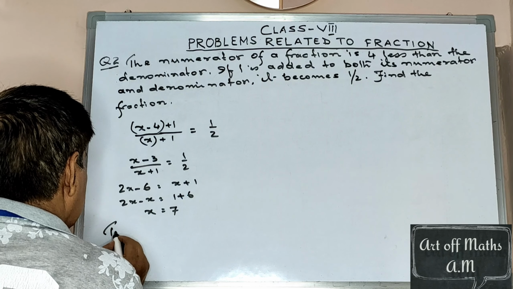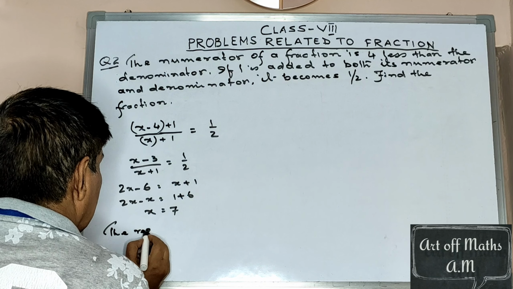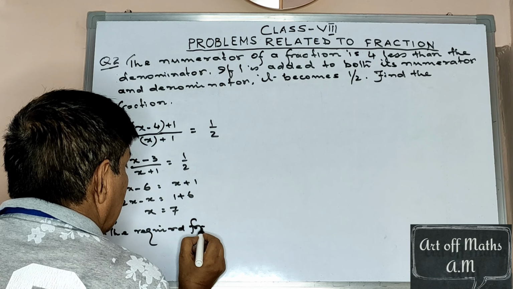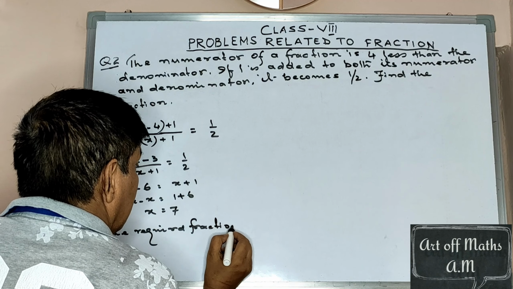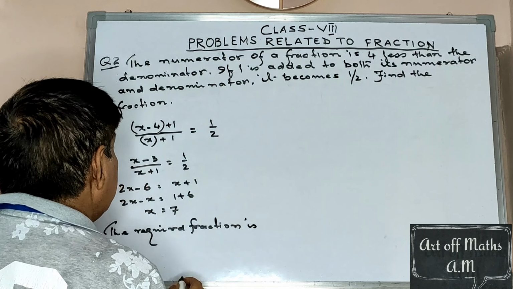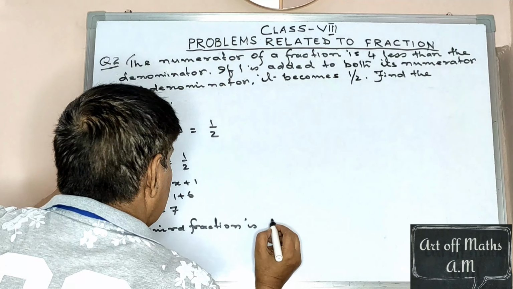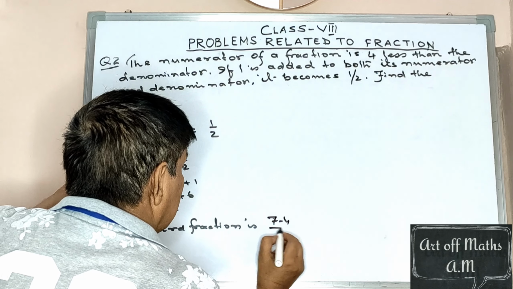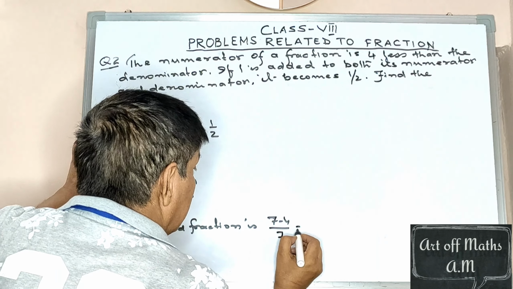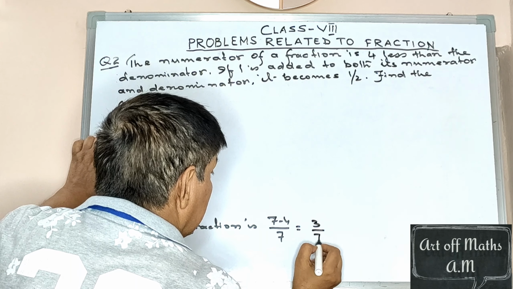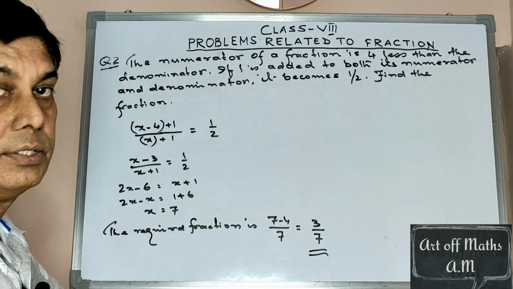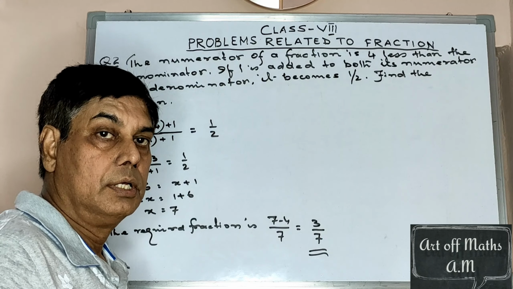The required fraction is x minus 4 over x, that means 7 minus 4 divided by 7, that means 3 by 7, which is the required answer. Come to the third question.